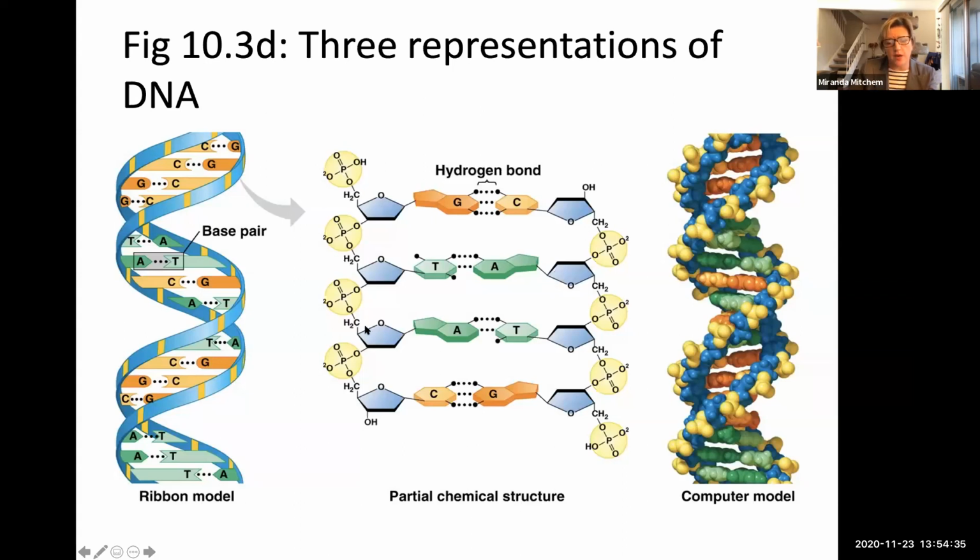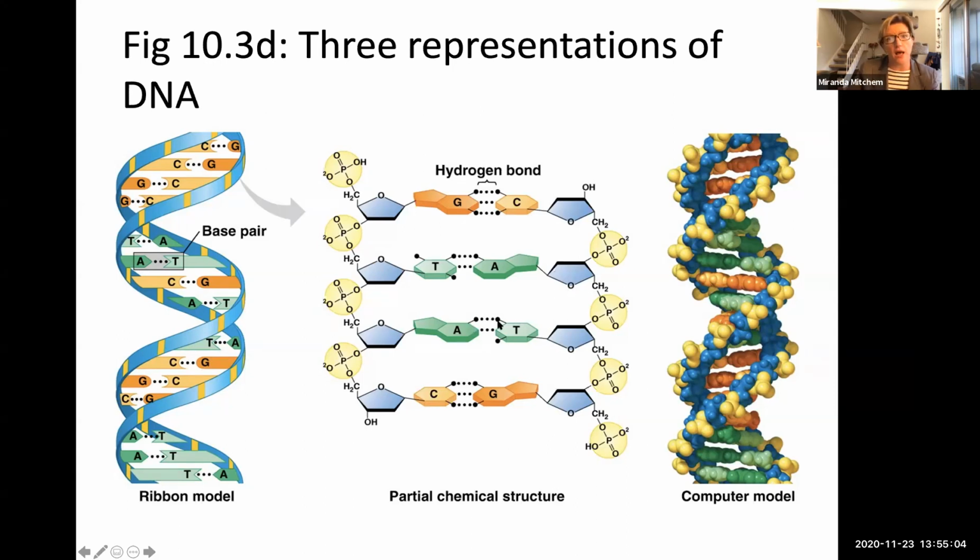Those are covalent bonds on both sides. So think of it like a ladder. I like to think of the double-stranded DNA molecule as a ladder, where the sides of the ladder are the individual chains of DNA, held together with strong covalent bonds. And then the rungs of the ladder are the hydrogen bonds in between the matched nucleobases.